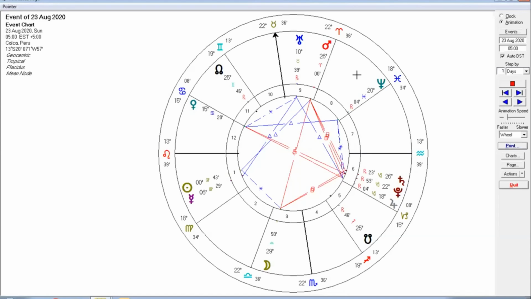And so, the sun, the moon, Mercury, Venus, and Mars, which are collectively called the personal planets, which we'll talk more about later, move relatively quickly. Mars is the slowest of those, takes about 2 years to go through each sign of the zodiac. And then the further out you get, the slower they go.